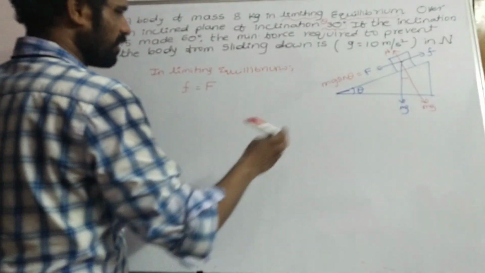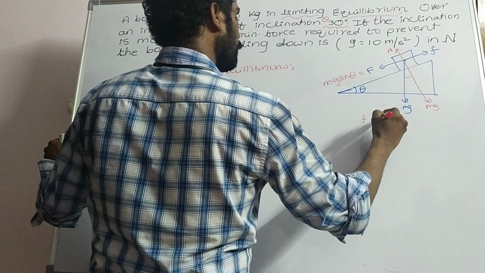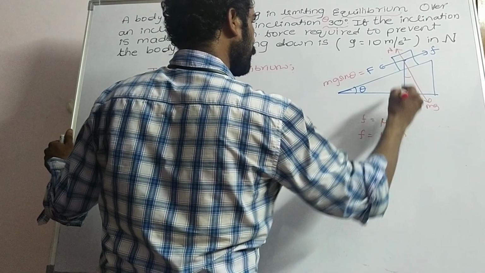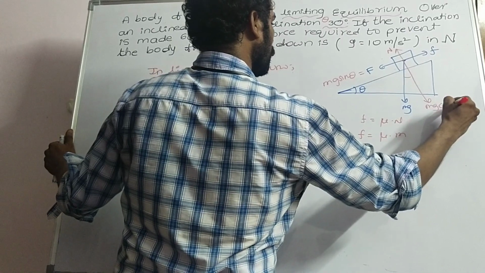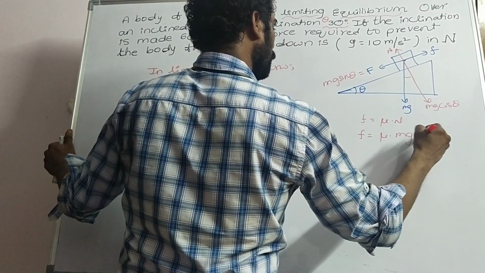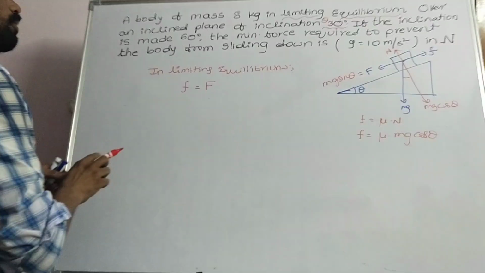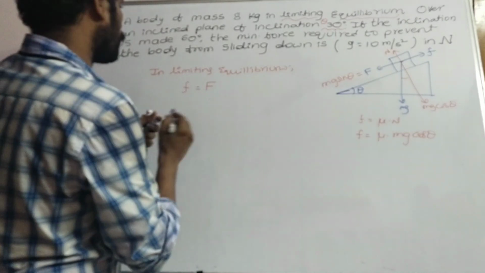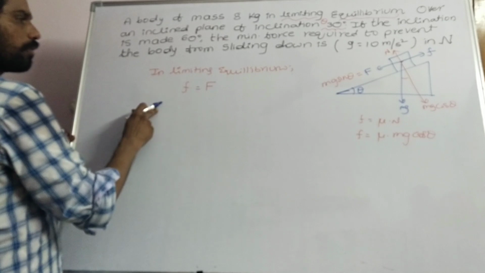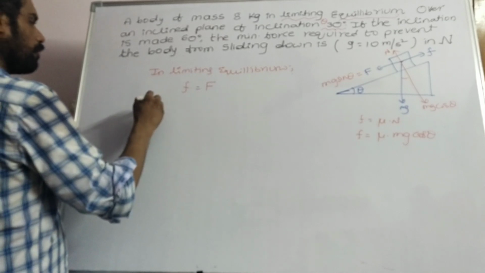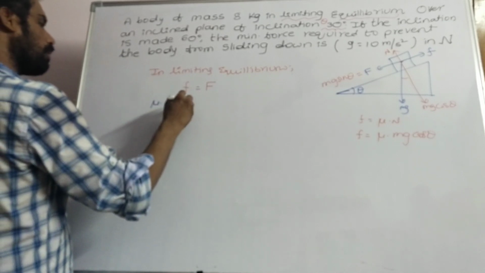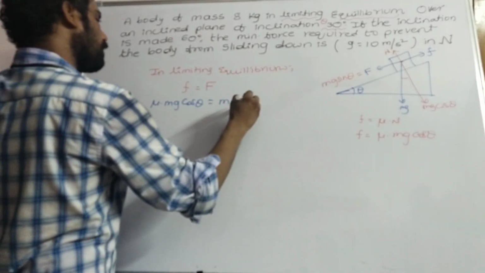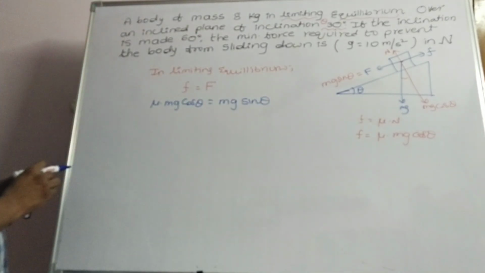Also F is equal to mu into N, where N is equal to mg cos theta. So instead of frictional force we write mu into mg cos theta is equal to the applied force mg sin theta.